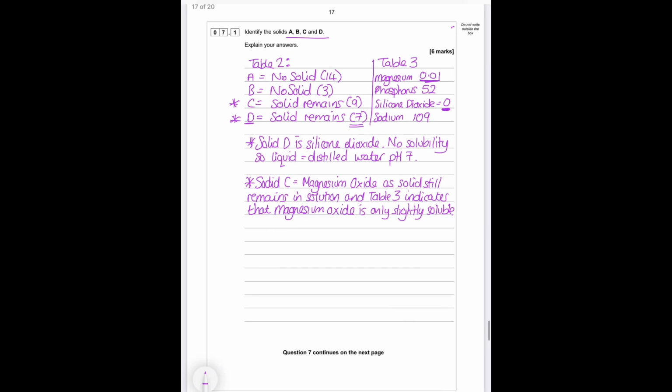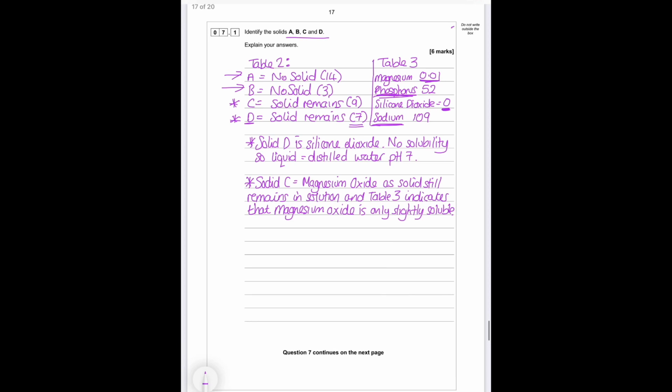This now leaves our sodium oxide and our phosphorus oxide. So both of these are soluble, the sodium oxide being much more soluble than the phosphorus oxide. And we can see that our two remaining unknown substances are A and B. Now the key thing here is sodium oxide is a base, so that's going to be alkaline.